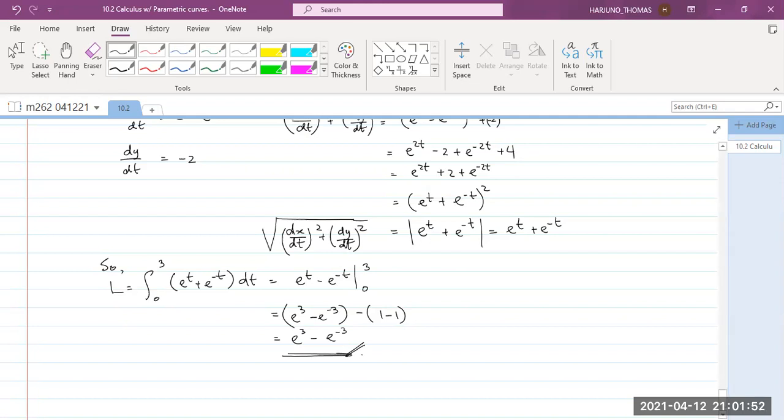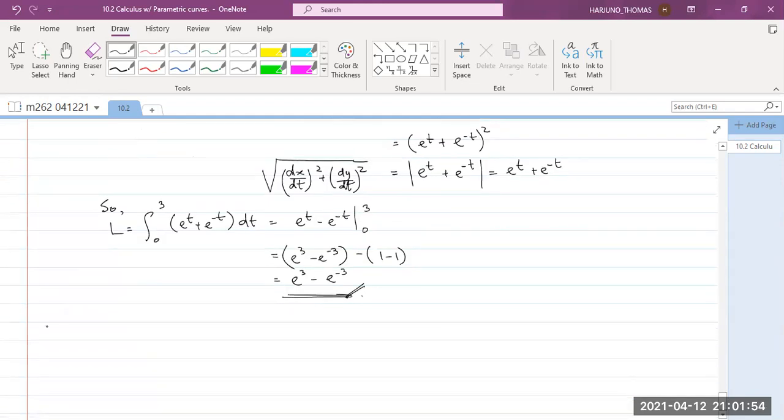How about number 44? I can do 2 problems because number 42 is too easy. So the curve: x is 3 cosine t minus cosine 3t, y is 3 sine t minus sine 3t.